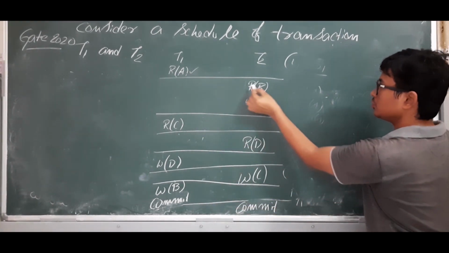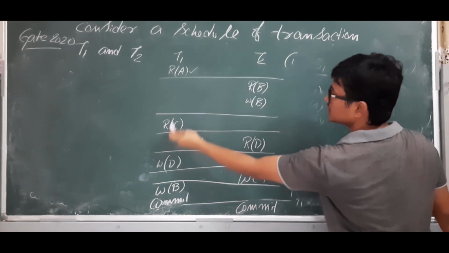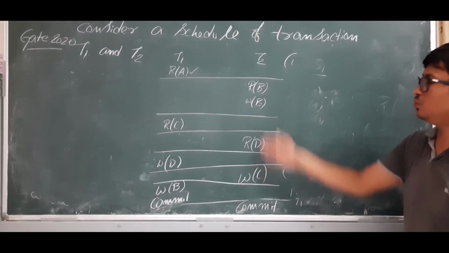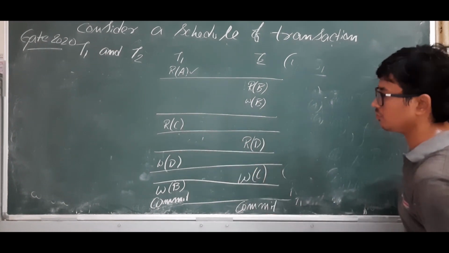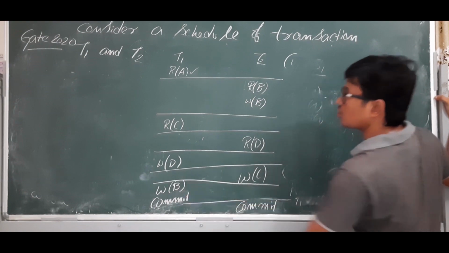Now we will come to the read B. For read B, we have to check with the operations in transaction T1. We should not compare with its own operations. So we compare. This one is not a conflict. This one is not a conflict. This one is a conflict.